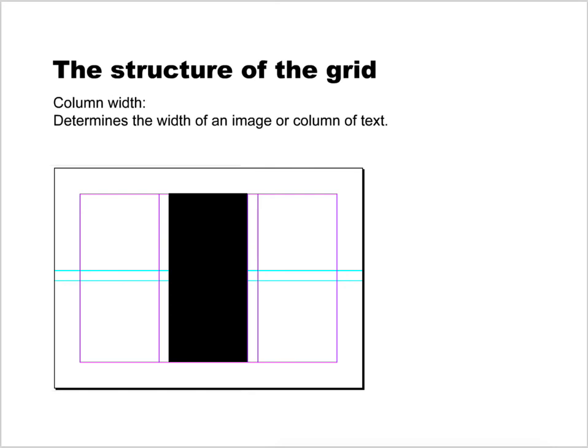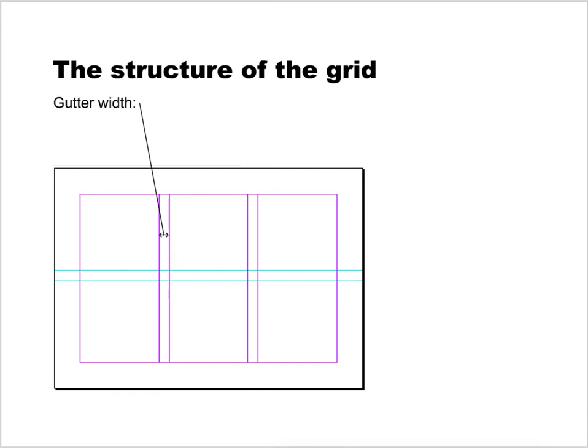It's more likely that columns of text will conform to that column. Images can tend to break out and so on. The little gaps down the middle are known as the gutter, sometimes referred to as an alley, but more often a gutter. And that is the space between those columns. The vertical space between the fields determines our rows.